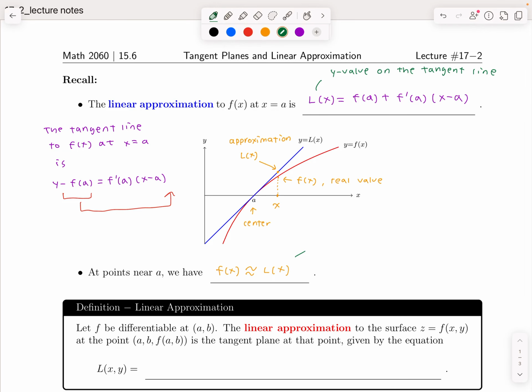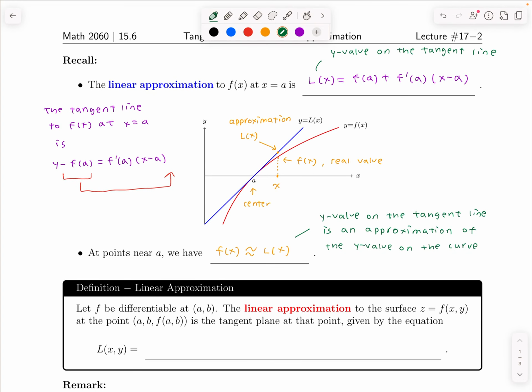So in short, we say that the y value on the tangent line is an approximation of the y value on the curve. So the y value on the tangent line is your L of x, and the y value on the curve is your f of x. So they will be approximately equal to each other. So this is what we learned in calculus 1.